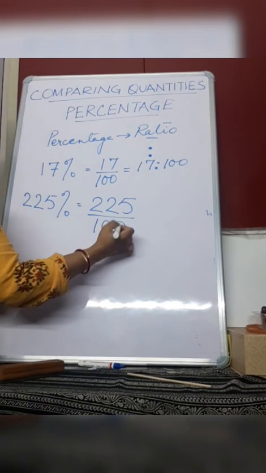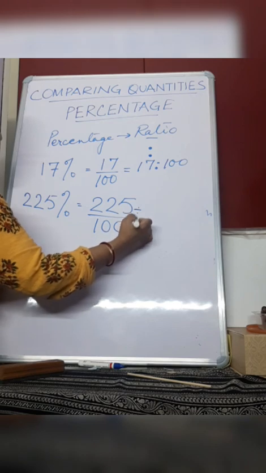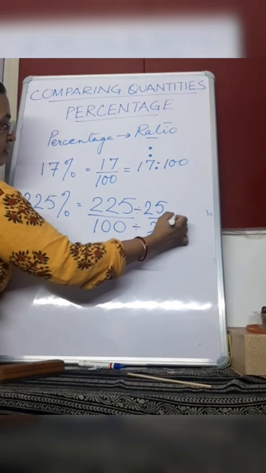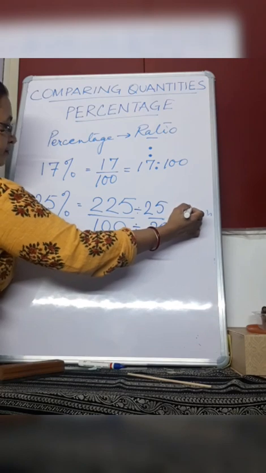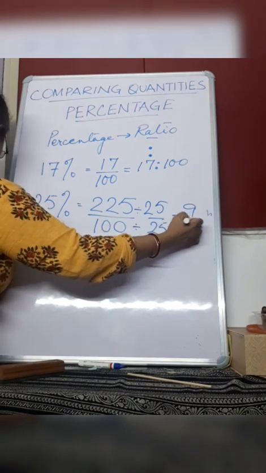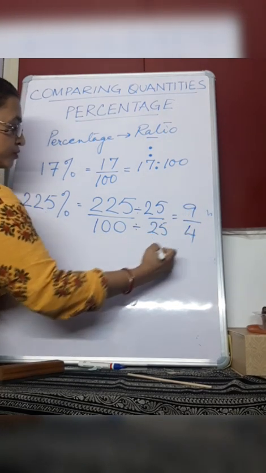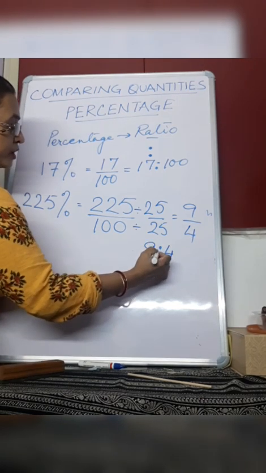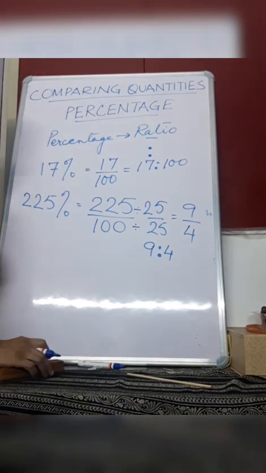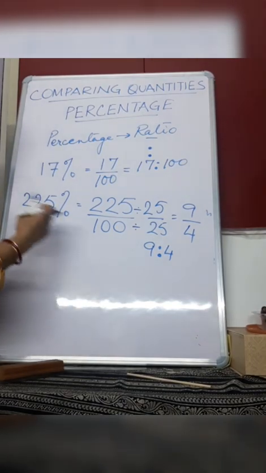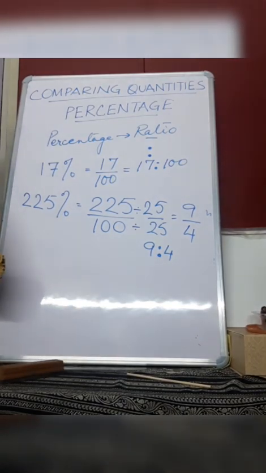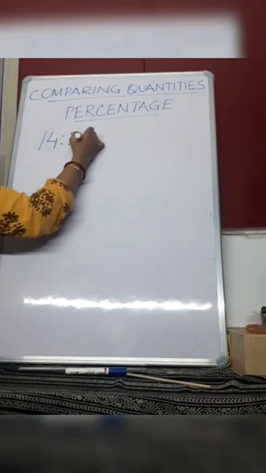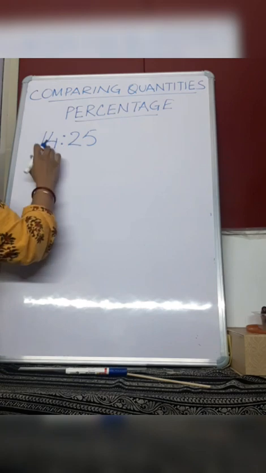So we can divide both by 25 for cancellation, and we get 9 by 4. So our ratio will be 9:4. It cannot be further divided into smaller term. 14:25. This is the form of ratio.